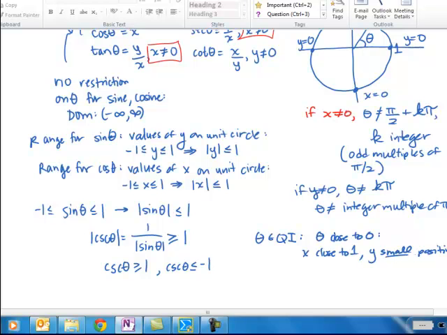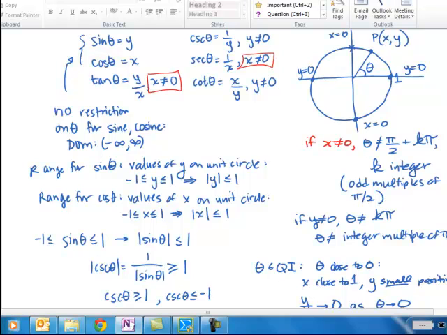So if we look at y divided by x, that's going to be closer and closer to 0. So as theta gets closer and closer to 0, y divided by x is going to get closer and closer to 0. And when theta equals 0, we will have exactly 0.